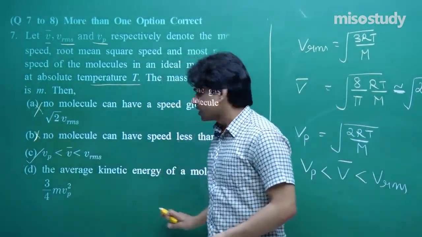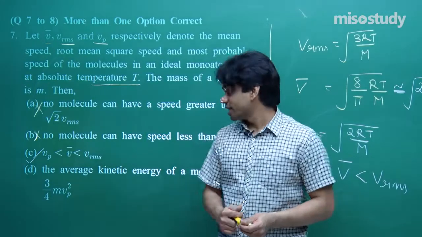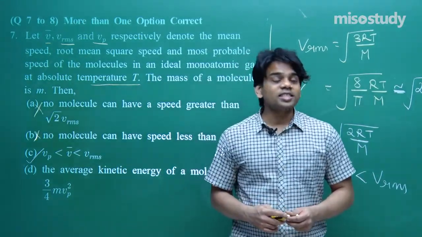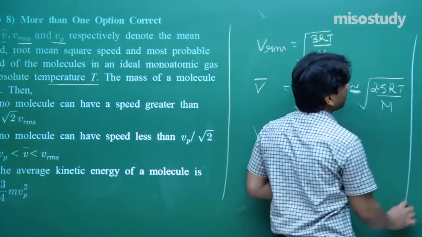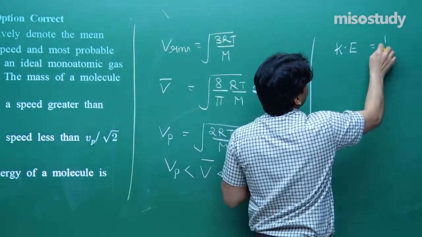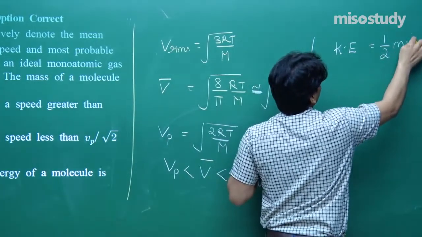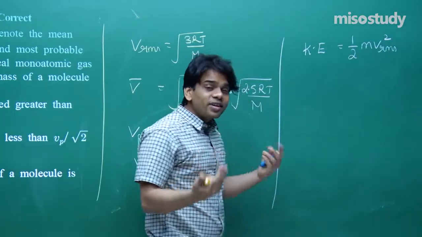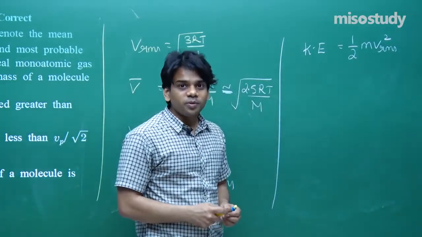For the third one, how to check the average kinetic energy of a molecule. Average kinetic energy in terms of RMS speed is half m V RMS whole square, but it's given in terms of the most probable speed, Vp.